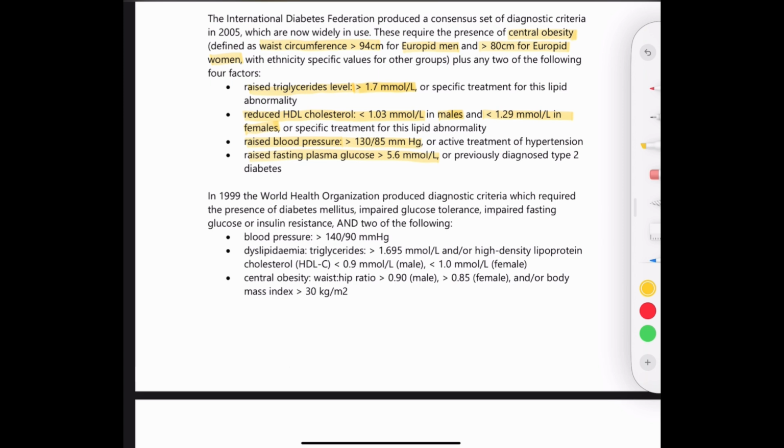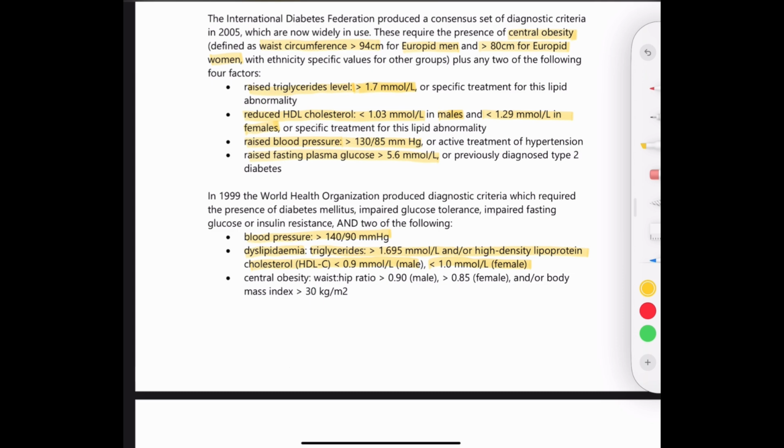Blood pressure greater than 140 by 90 mmHg. Dyslipidemia: triglycerides greater than 1.695 millimole per liter, or high density lipoprotein, HDL cholesterol, less than 0.9 millimole per liter in males and less than 1.0 millimole per liter in females.